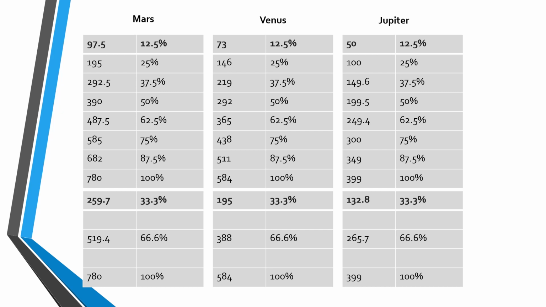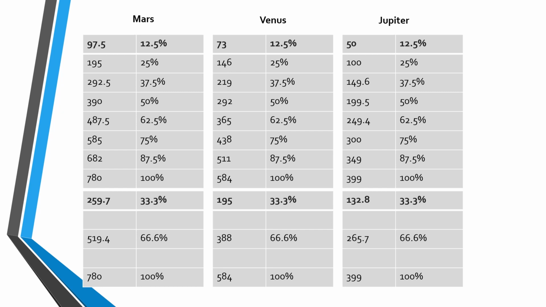And at the bottom here, if you were to take that Mars cycle and divide it into thirds, 1/3, or 33.3% of the Mars cycle would be 259.7 days. 66.6, or 2/3 of the Mars cycle, would be 519.4 days. And of course, the whole thing is 780 days.